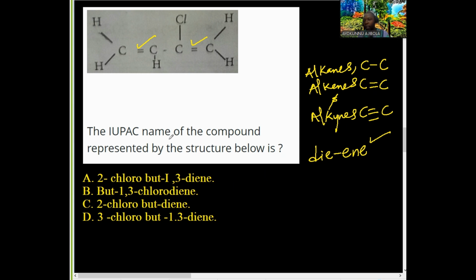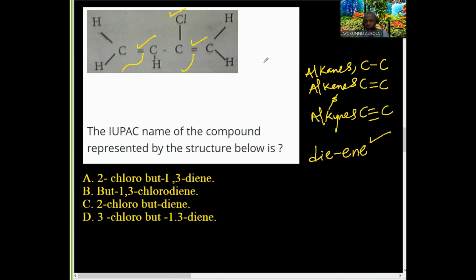Now, you want to name it, you can see chlorine there, right? Before you begin to name the parent, which is the alkene, you must mention the chlorine and count it. Firstly, count the double bond, then count the chlorine. The first double bond is after the first carbon, while the other one is after the third carbon.